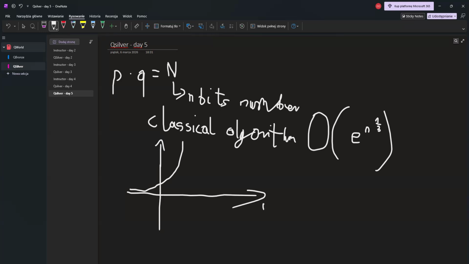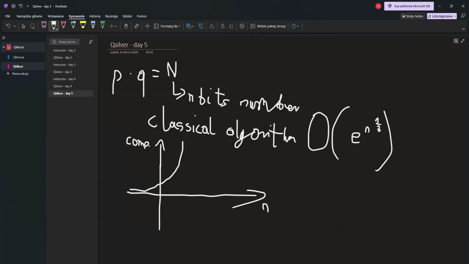So as the n grows, the complexity of the algorithm grows extremely fast. And even the difference between sub-exponential and exponential for really big numbers is quite big. But if we get polynomial complexity, so a better algorithm, then the difference will be not only big, it will be huge, enormous.